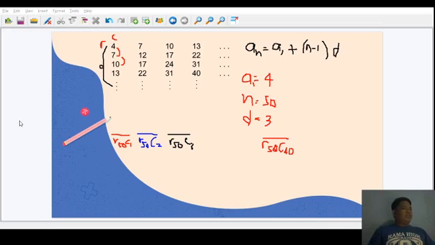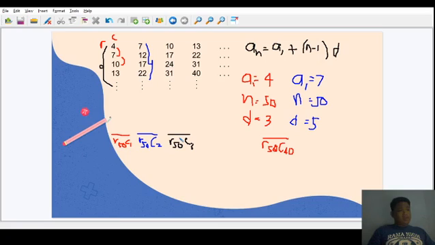Now, we need to get the 50th term of column 2, this one here. So we just need to identify the a sub 1, that is equal to 7, the first term. Our n is again 50. And of course, our d, or the common difference for this particular column, is 12 minus 7, that is 5, 17 minus 12, that is 5 also. So our common difference for this particular column is 5.